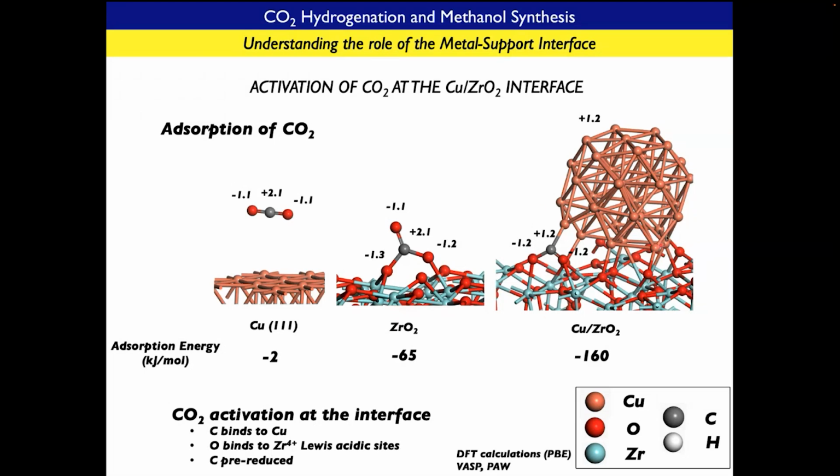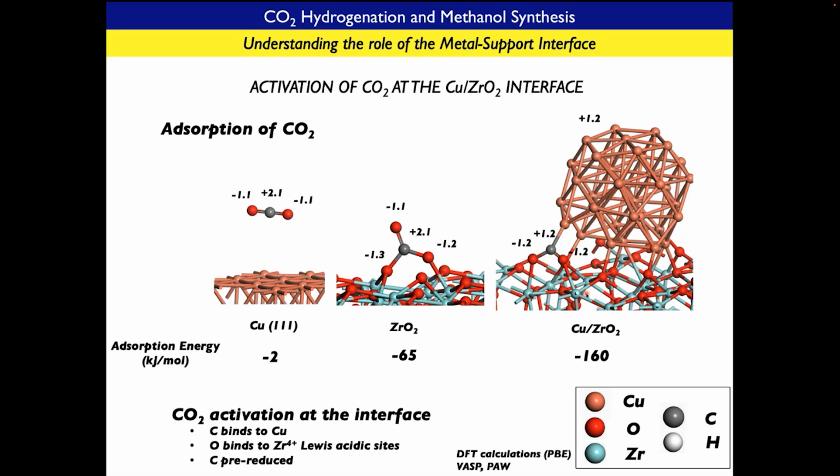But what is surprising is that when you put CO2 at the copper zirconia interface, you get a very strong stabilization energy, because you transfer one electron from copper to CO2, and this formal CO2 minus is stabilized at the interface by the Lewis acid site.